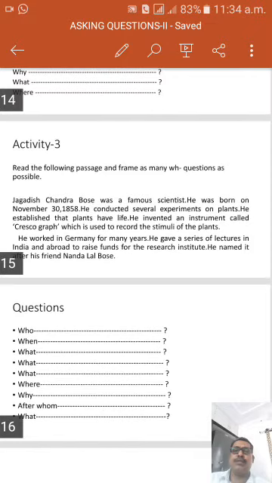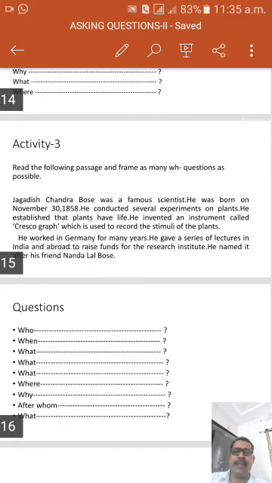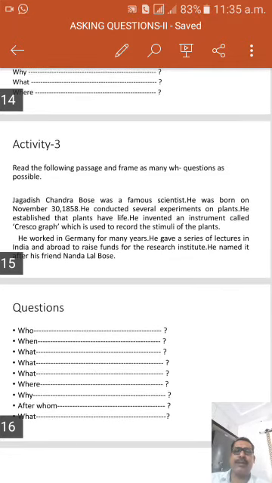Jagadish Chandra Bose was a famous scientist. He was born on November 30, 1858. He conducted several experiments on plants. He established that plants have life.